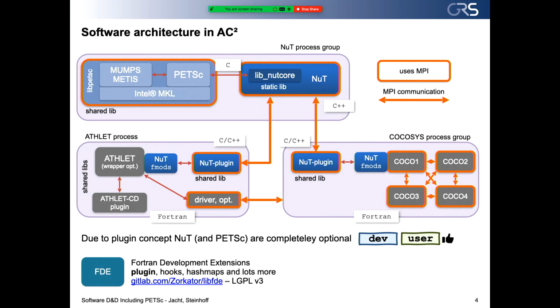Okay, to make this actually available, we use an open source library, FDE, Fortran development extensions. As you might have seen already, we have this NUT fmods over there that provide an interface so that the codes, when they want to use NUT and therefore PETSc, know how to use it. And all these programs, the 30, 40-year-old programs, are all written in Fortran.